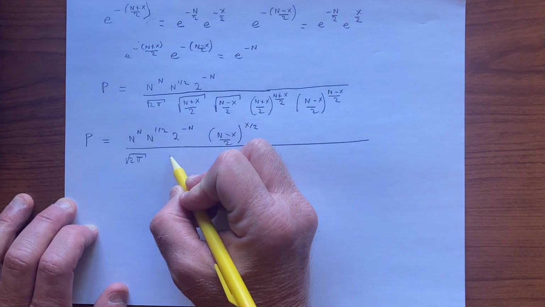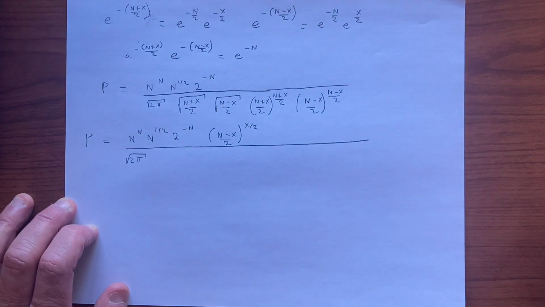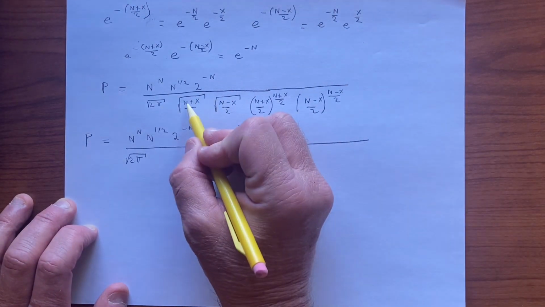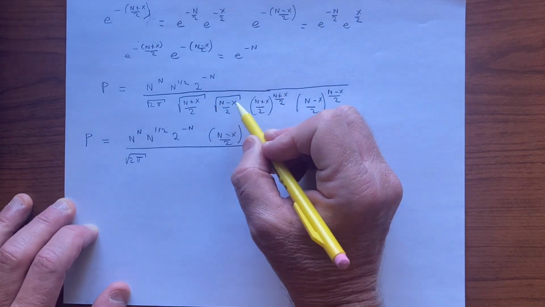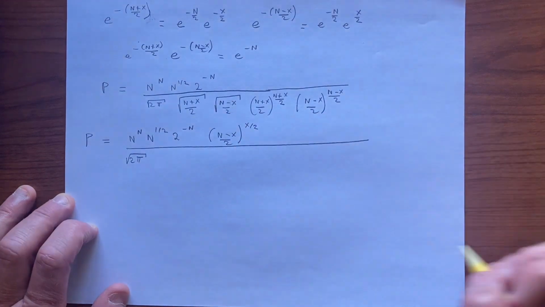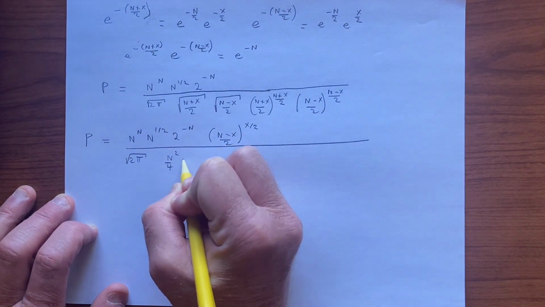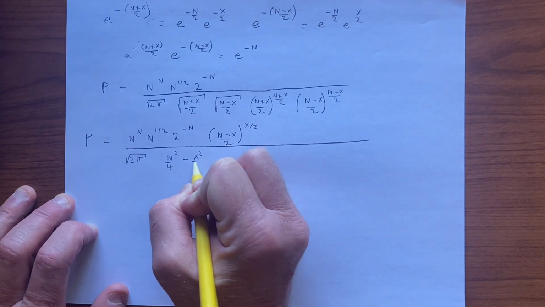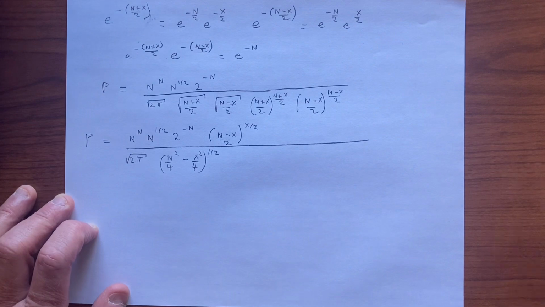We have a term where we cancel the middle term, right? (n plus x) times (n minus x) is n squared minus x squared, and we have the factor of 2, so we get n squared over 4 minus x squared over 4 to the 1/2.